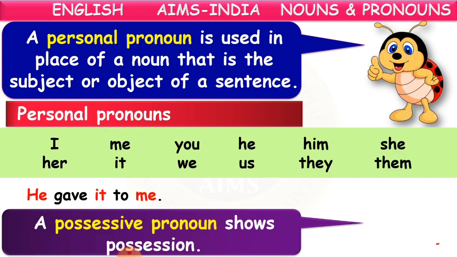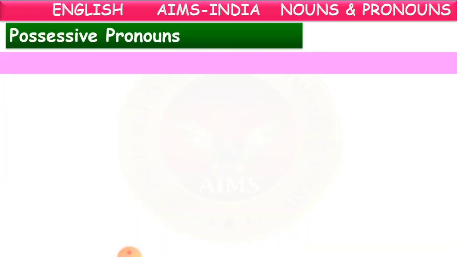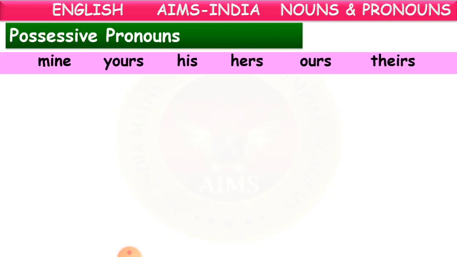A possessive pronoun shows possession. So this is a personal pronoun, and now we are learning about a possessive pronoun, which shows possession. Like we learnt before, grandpa's gift. Instead of grandpa, what can we use, children? His gift.